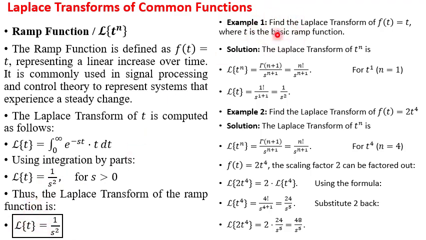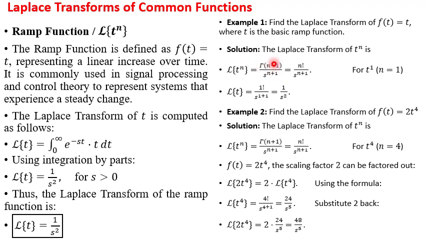In the same vein, the Laplace transform of the power of t, that is t raised to power n, is given by this expression, that is Laplace transform of t raised to power n equals gamma open bracket n plus 1.